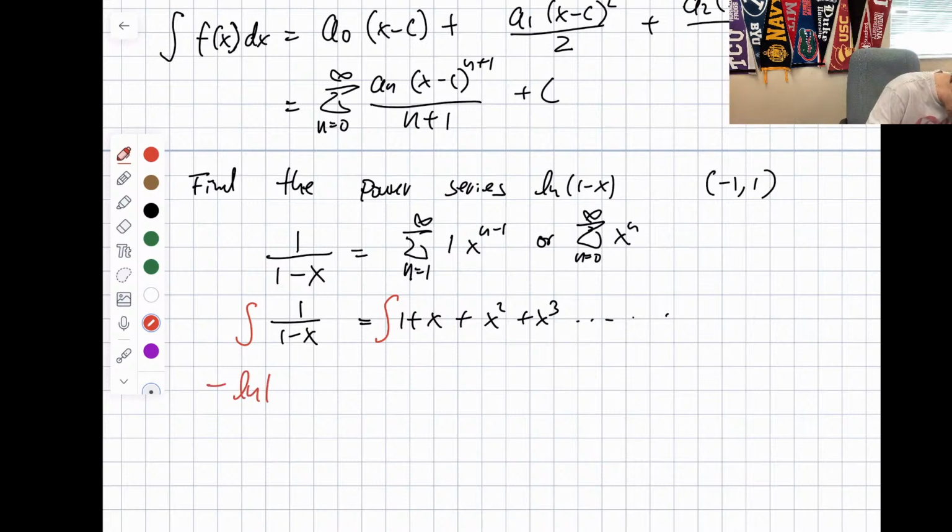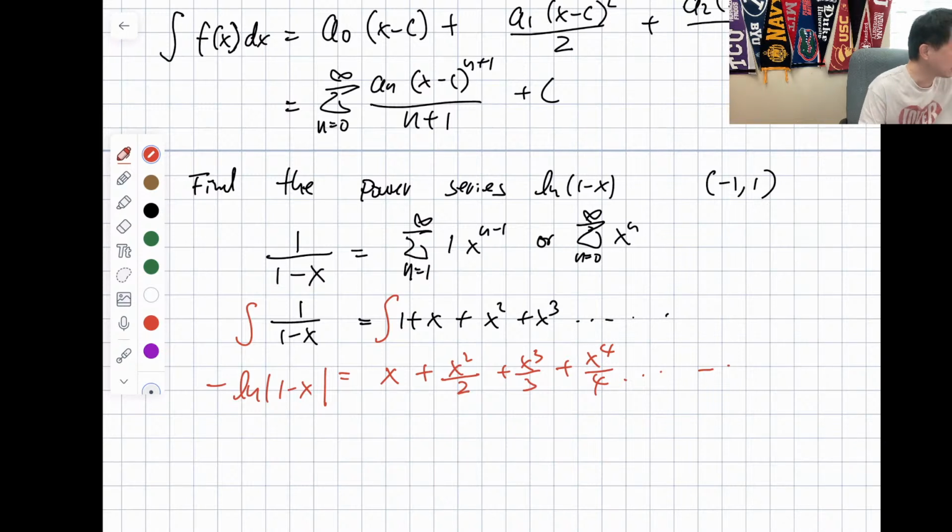Negative natural log of 1 minus x. It's really close to what we have. It is equal to the integration of this, which is x plus x squared over 2 plus x cubed over 3 plus x to the fourth over 4, dot dot dot. Would you agree? If I integrate the left side, I integrate the right side as well.